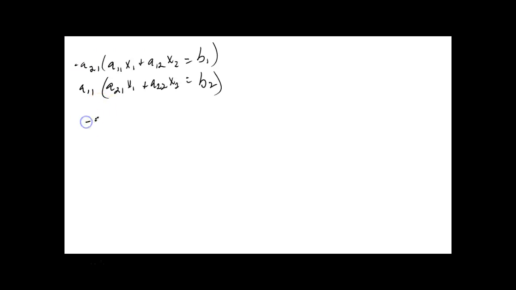That'd be minus A11 A21 x1 minus A12 A21 x2 equal to minus B1 A21.